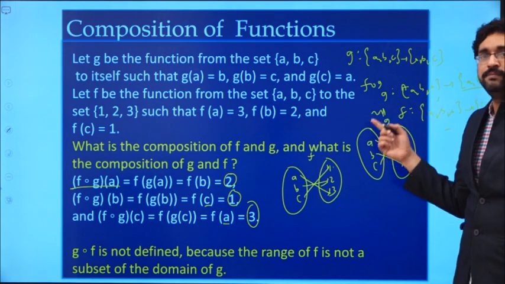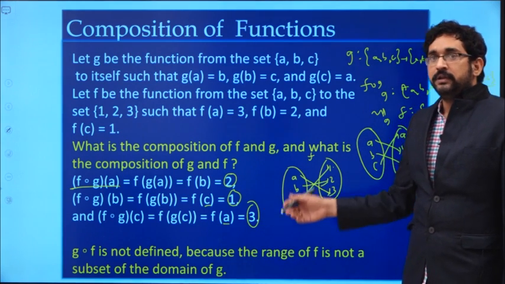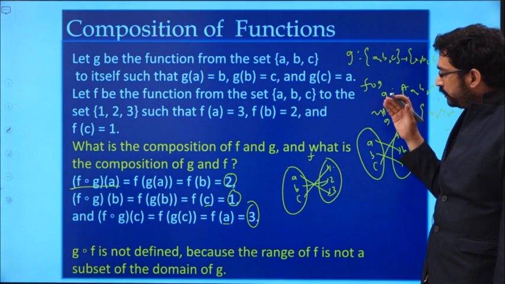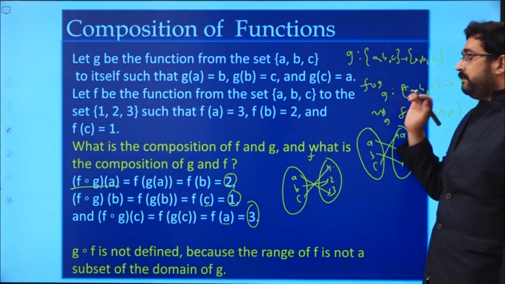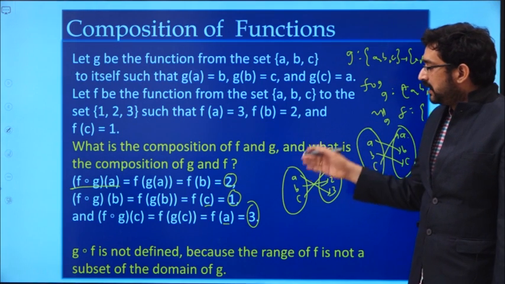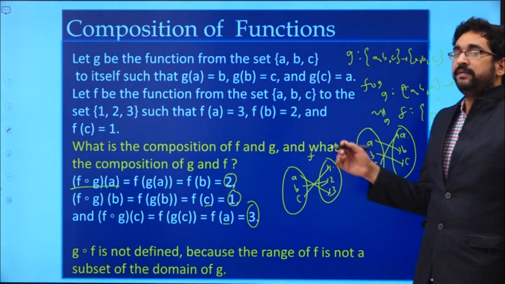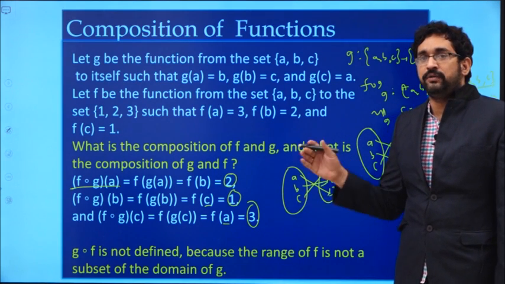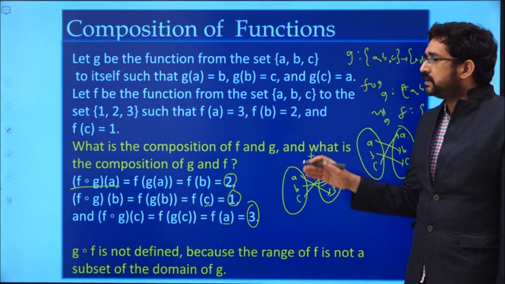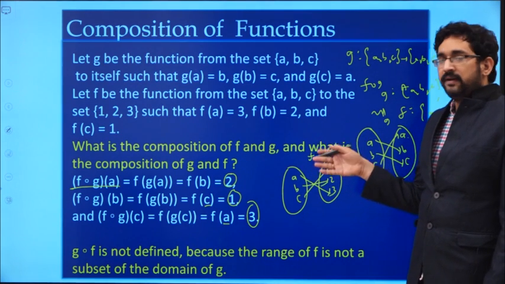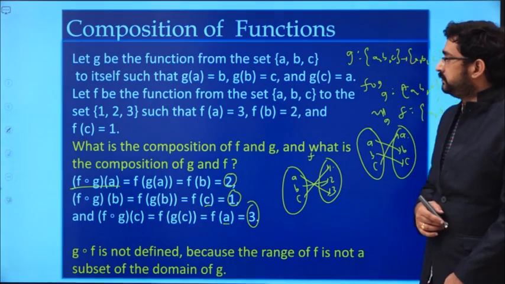But in the case of g circle f, the codomain of f doesn't map with the domain of g. Hence, the composition g circle f is not possible here. So when we want to find the composition between two functions, the codomain of one function should map with the domain of the other function. Then only will composition be possible.